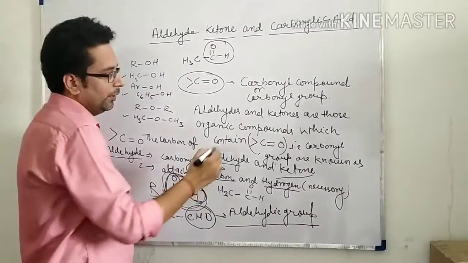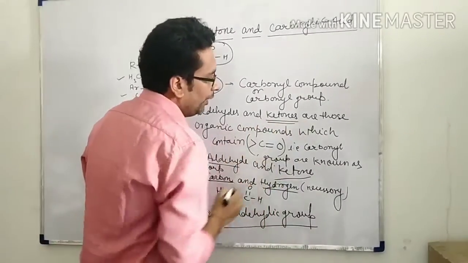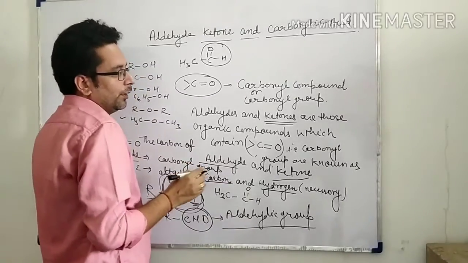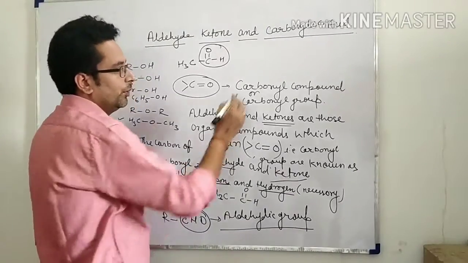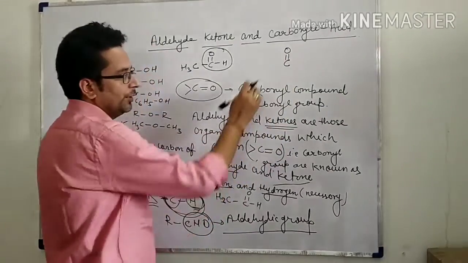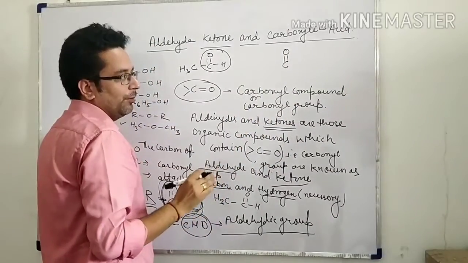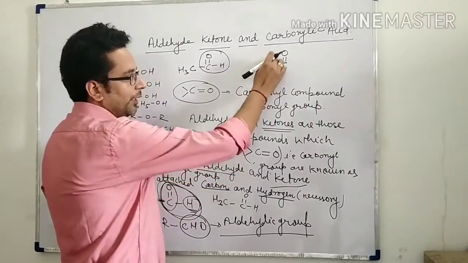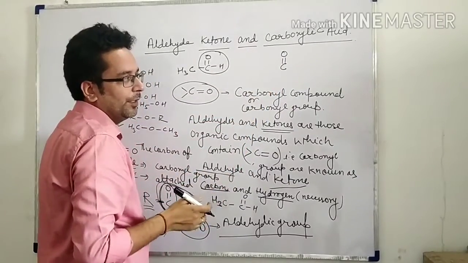Now what about the ketones? In case of ketone, the carbon of the carbonyl compound, carbon double bond oxygen, this is the carbonyl group. The valency of carbon is 4, and out of 4, 2 are satisfied with oxygen by a double bond.